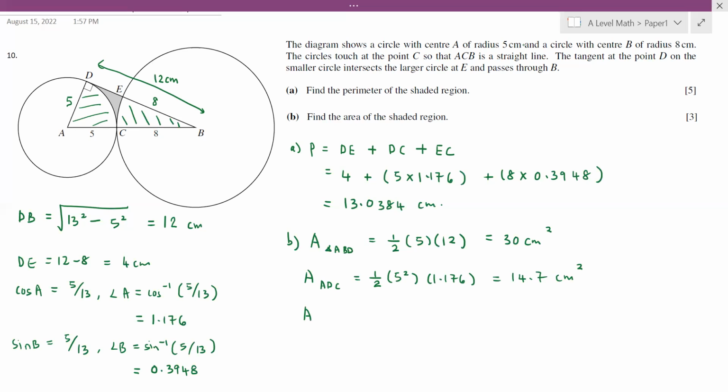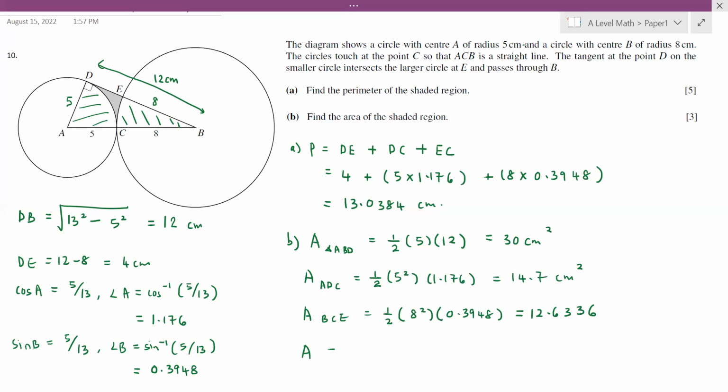Area of sector BCE. So we have half r squared, so 8 squared, and theta is 0.3948. That is 12.6336.